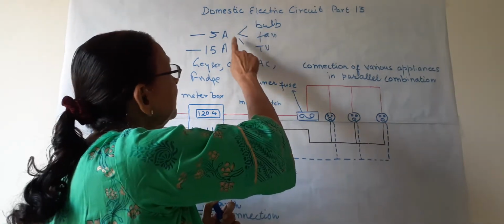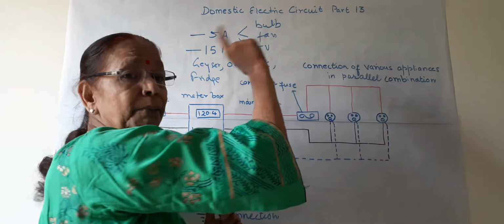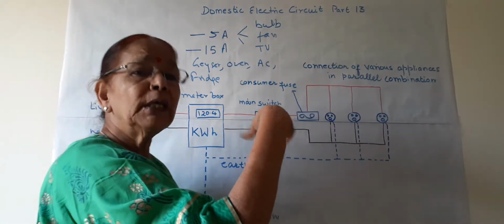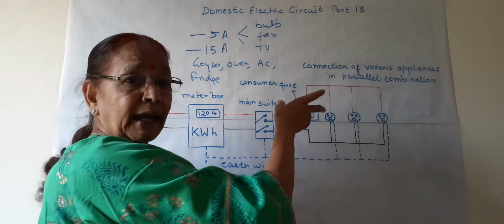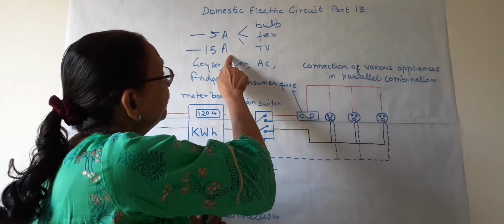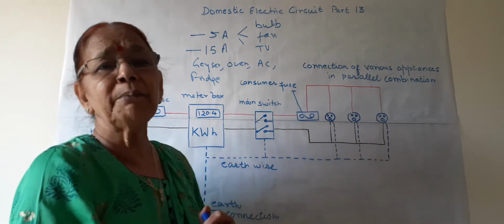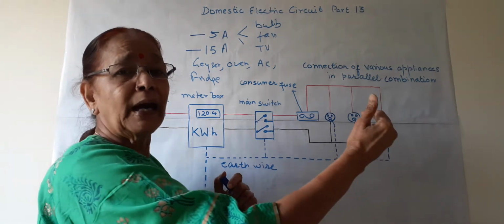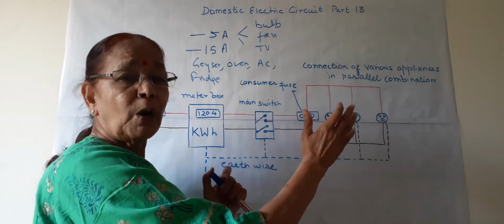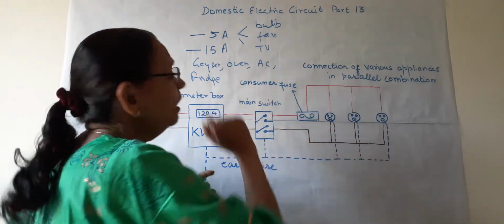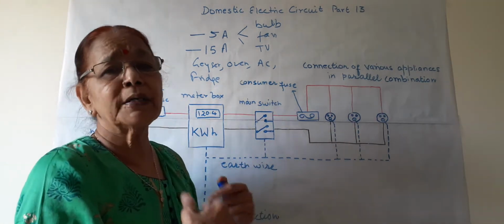If the electricity coming is more than 5 ampere, then these fuses blow, because they have a rating up to 5 ampere. Likewise, if here it is more than 15 ampere, the fuse will blow and our appliances are safe. There is no damage to the appliances because the fuse blows off or is melted.